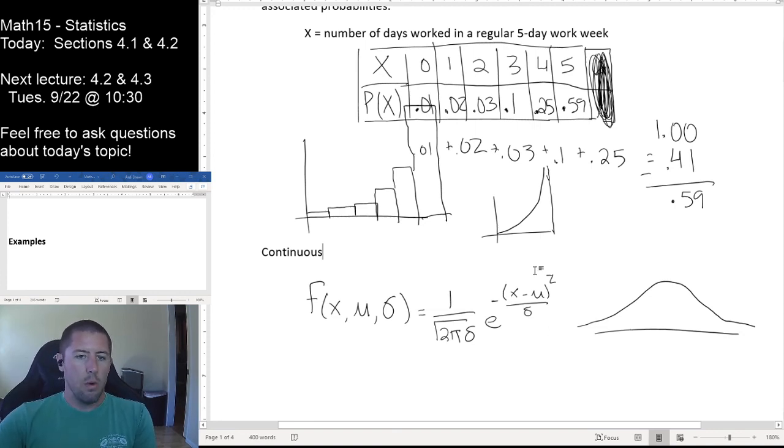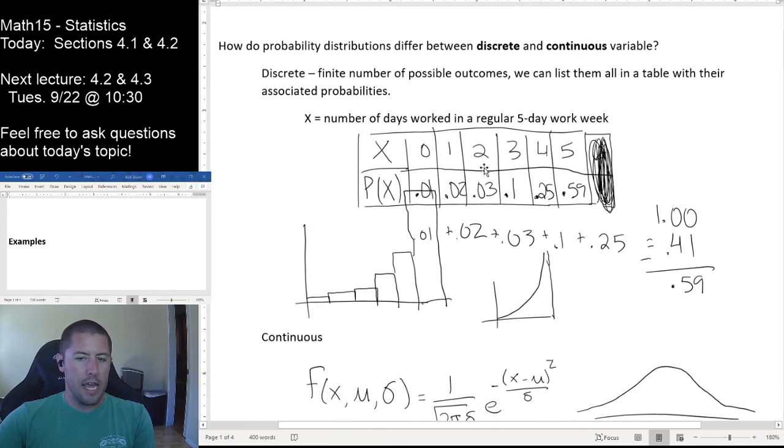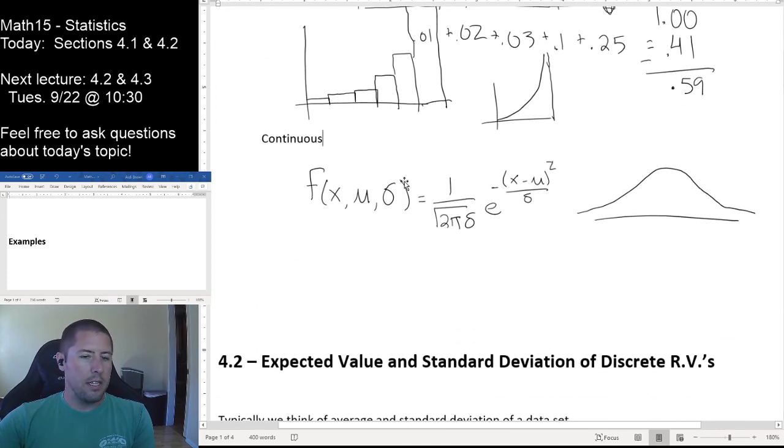But the point is, when we talk about a probability distribution function, it looks different depending on our setting. In a discrete case, where we can list each of the possible outcomes, it's generally a good move to put our probability distribution information in a table, because we can list every outcome and exactly its probability of occurring. When we get into our continuous setting, we can't just list things in a table because there's not a listable number of heights that a person could be, right?